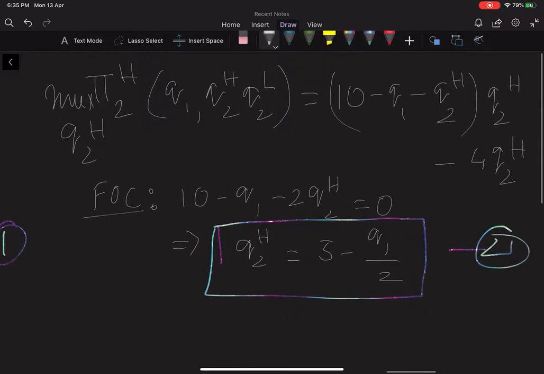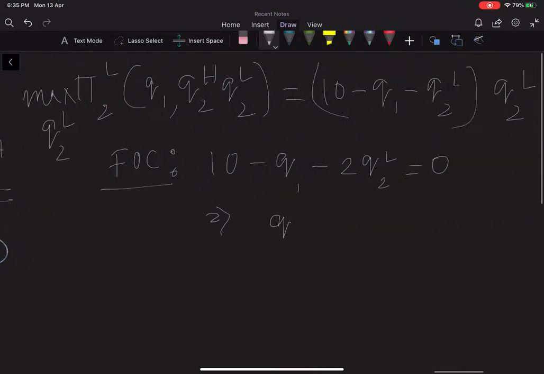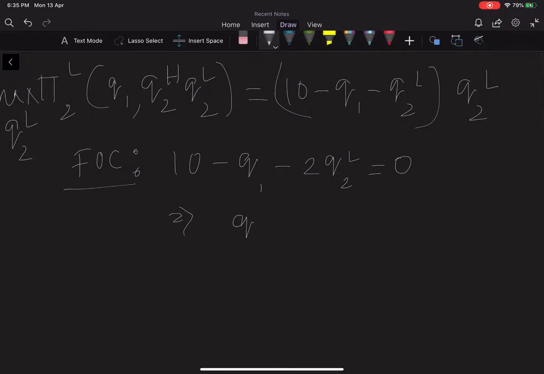It should be 6 because there is a minus 4 here, so in the first order equation it would be 6, so it should be, sorry, 3. And here it would be Q2L equals 5 minus Q1 by 2.